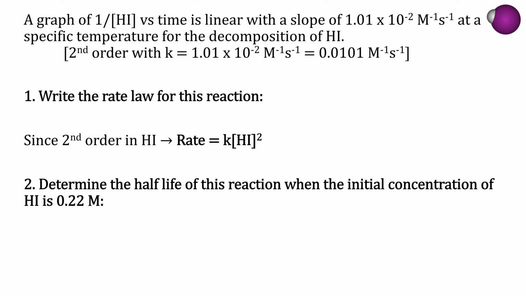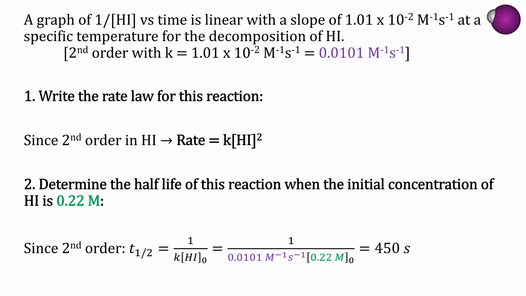The next problem to solve is to determine the half-life of this reaction when the initial concentration of HI is 0.22 molarity. Since this reaction is second order, my half-life equation is T1/2 equals 1 over K times initial HI concentration.